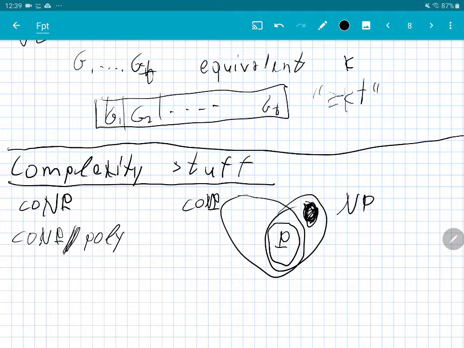This is a class where the algorithm is given an advice string of polynomial length together with the input of length n, and then the algorithm runs in polynomial time, okay? So the way to think about it is that coNP/poly is slightly bigger, right? Not dramatically bigger.